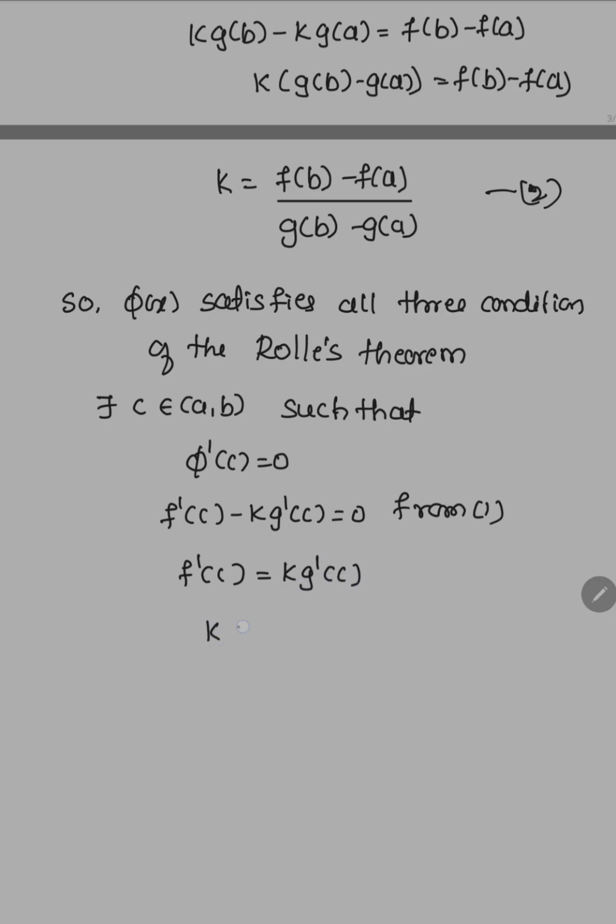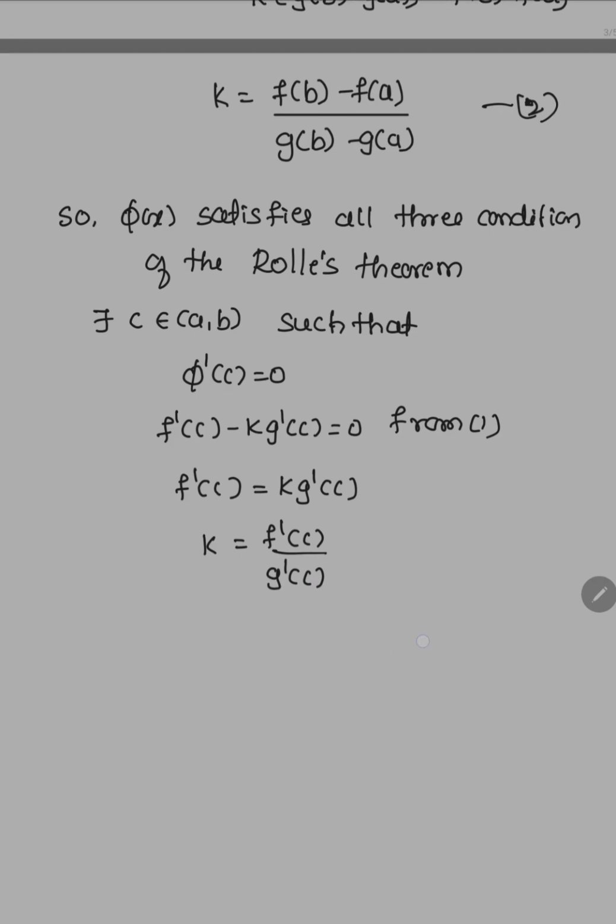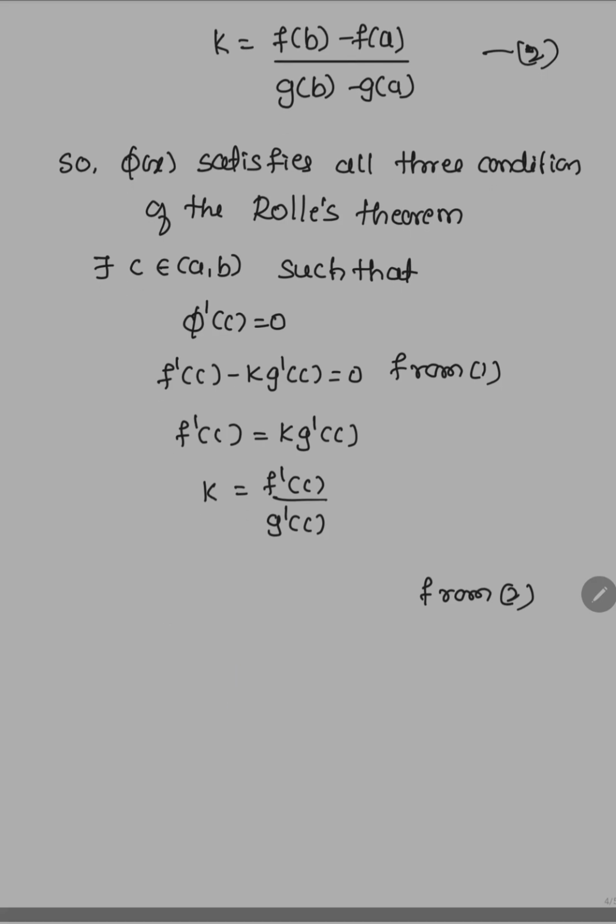So k equals f dash of c divided by g dash of c. So what is the k value from equation 2? It is f of b minus f of a divided by g of b minus g of a, which equals f dash of c divided by g dash of c.